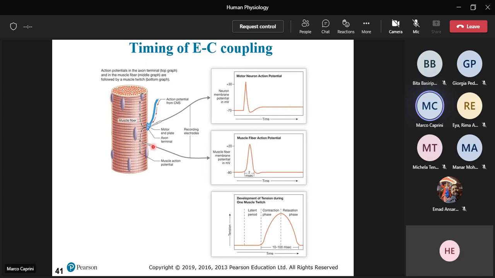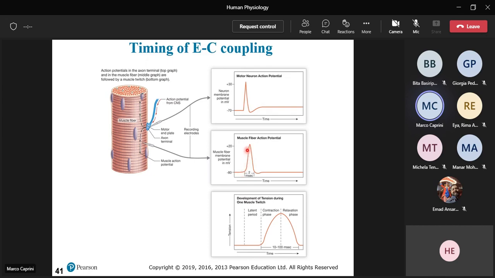In the muscle fiber, I'm able to record an action potential, but the action potential is slightly different. Why? First of all, because the membrane potential is less negative, it is -90. Okay, this is an error, -90, not -80. -90. And the action potential in a muscle fiber depolarizes.